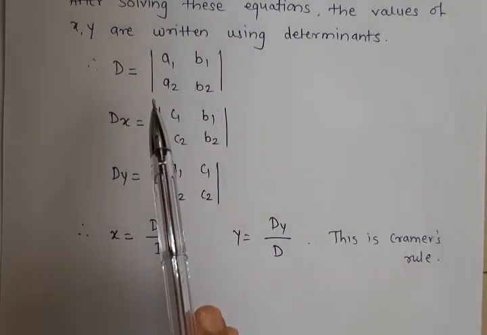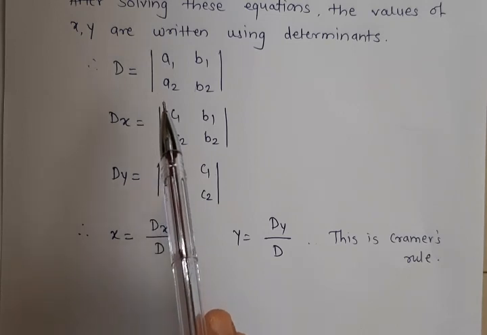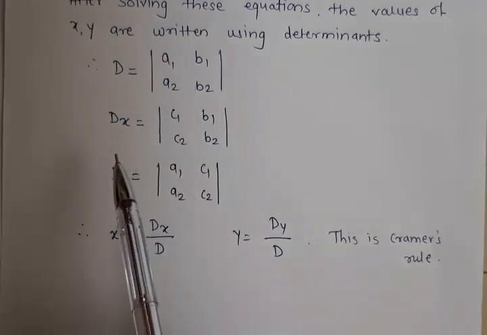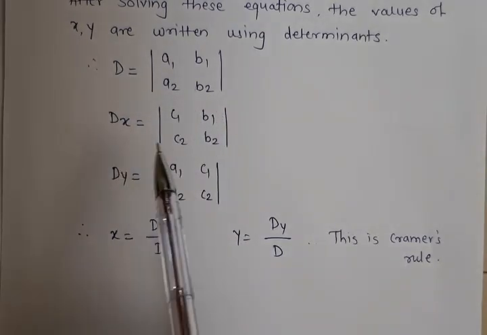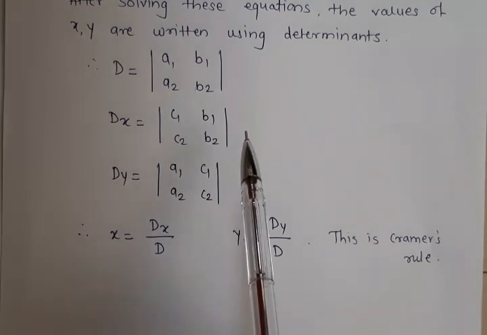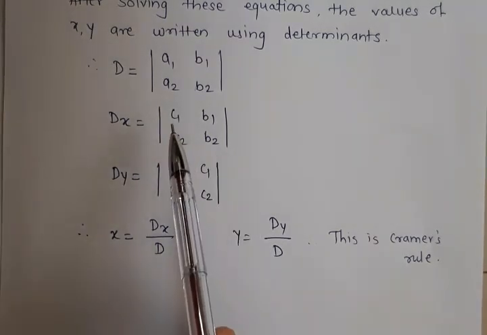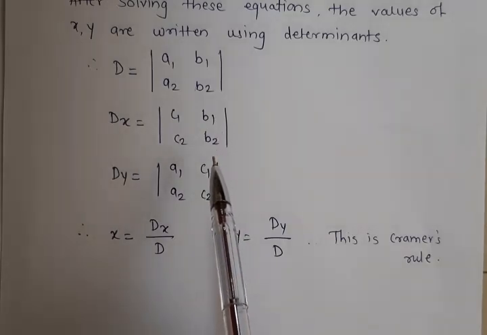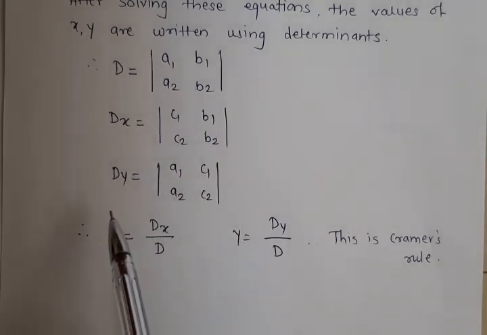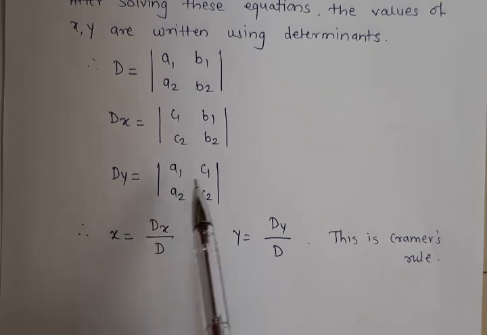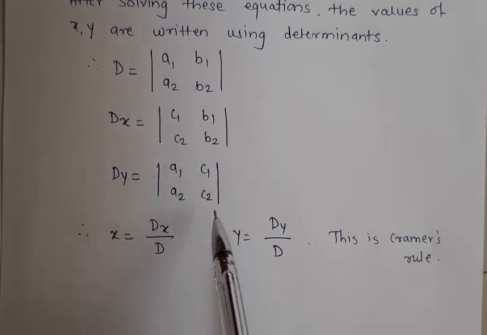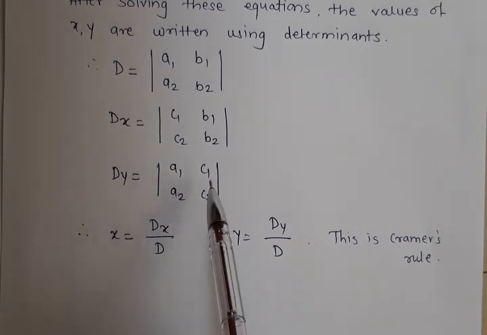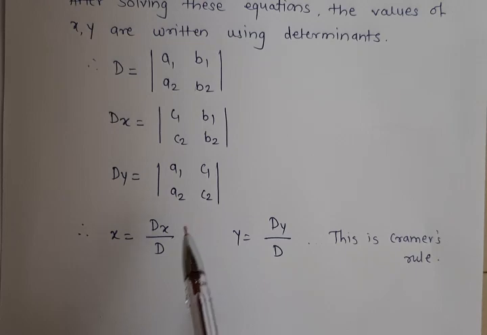Here a1, a2 are the coefficients of x, and b1, b2 are the coefficients of y. Then Dx is written as c1, b1, c2, b2. Here c1, c2 are the constant terms, and b1, b2 are the coefficients of y. Dy is written as a1, c1, a2, c2. Again here a1, a2 are the coefficients of x, and c1, c2 are the constant terms.